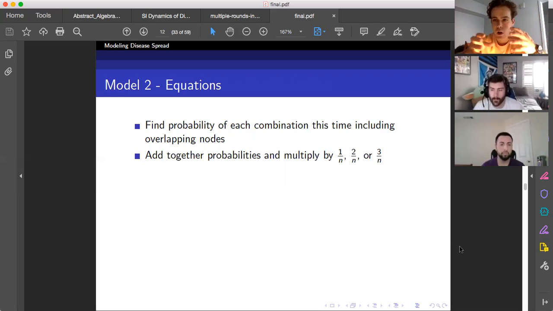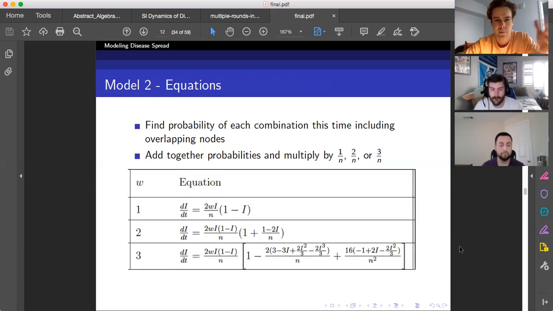So we group together all the combinations where there's 1 new infection and multiply that by 1 over n using the expected value formula. Then for 2 over n, we multiply by the sum of all the probabilities where 2 new infections occur, and the same for 3 over n. When we do this, we end up with these 3 equations, where W is the number of connections.